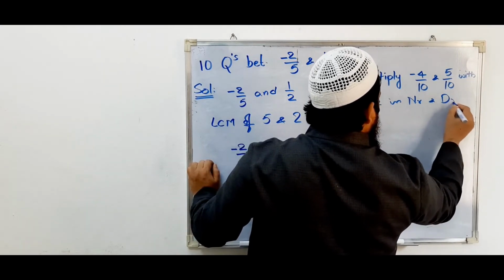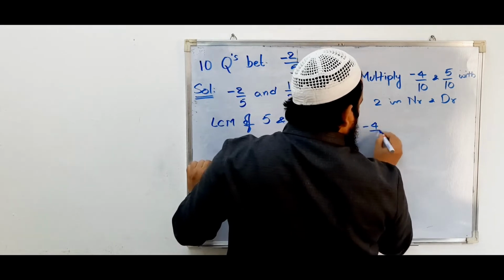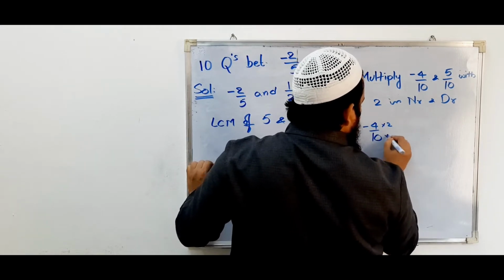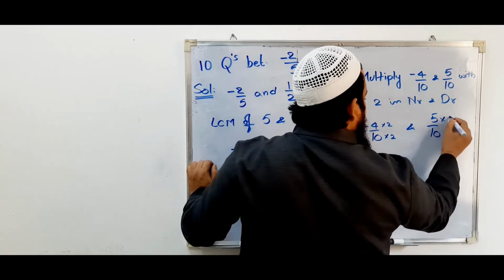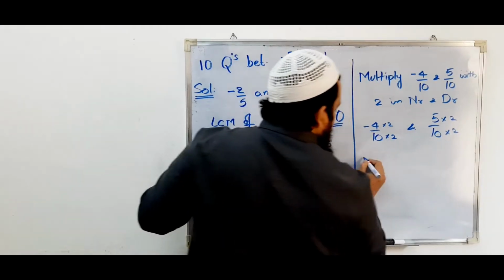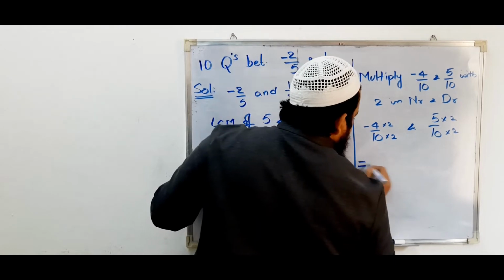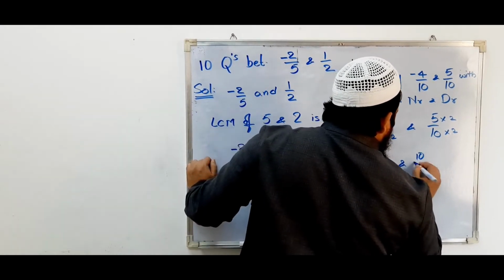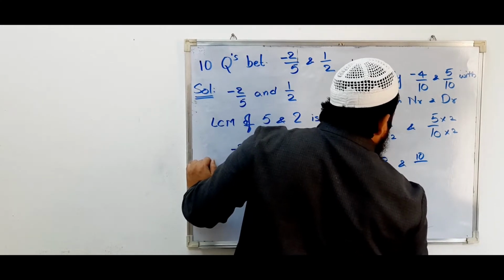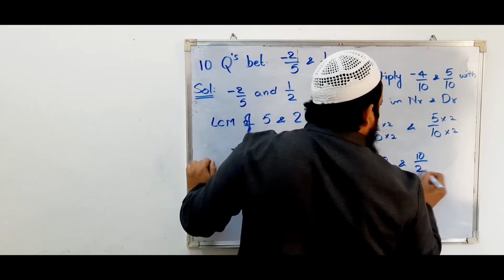So minus 4 by 10 times 2 times 2 and 5 by 10 times 2 times 2, that is equal to minus 8 by 20 and 10 by 20.